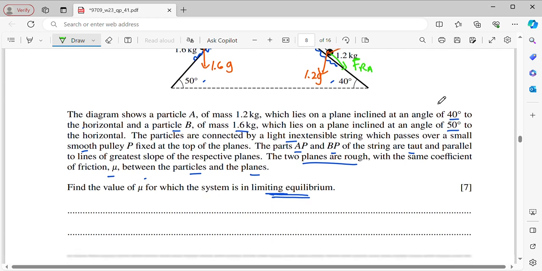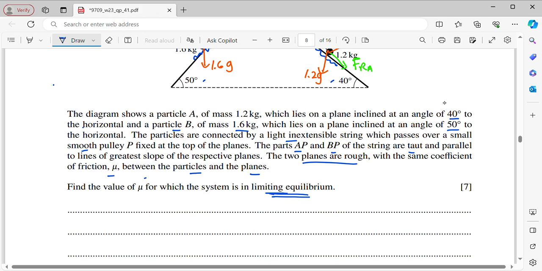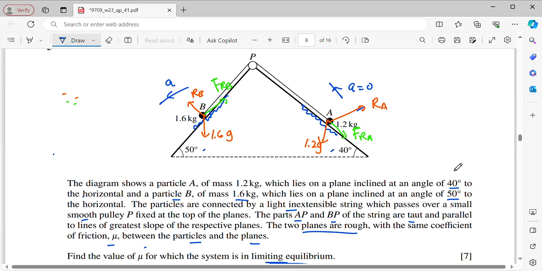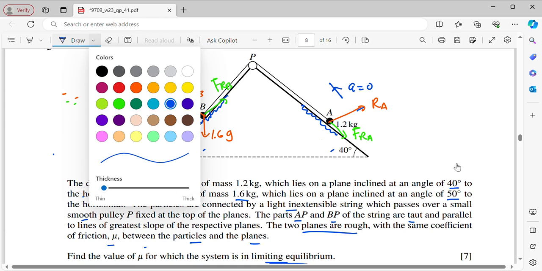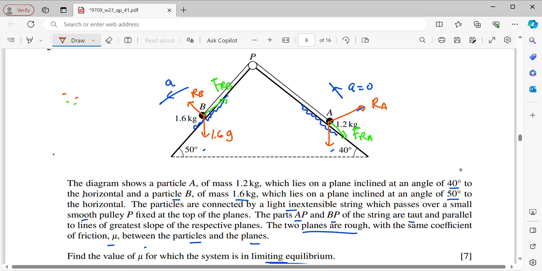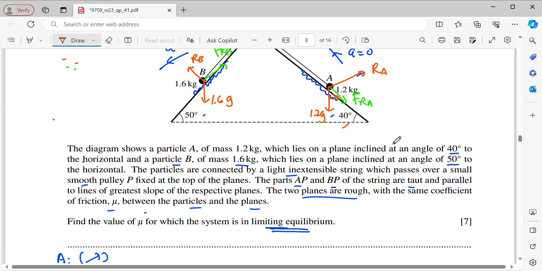Okay, so now when we resolve, for the A, if I resolve parallel to the plane, for your information, when I draw properly, this is 1.2 g. When I resolve parallel to the plane, I'm going to use this angle, but this angle is not given, so to use the alternate angle which is 40 degrees, I have to use sine.